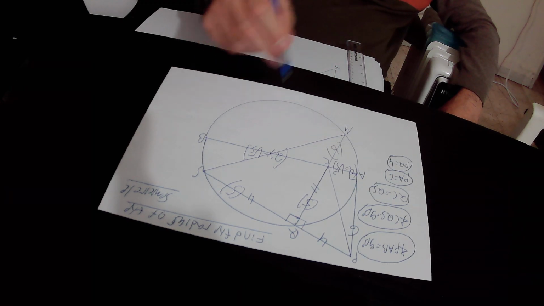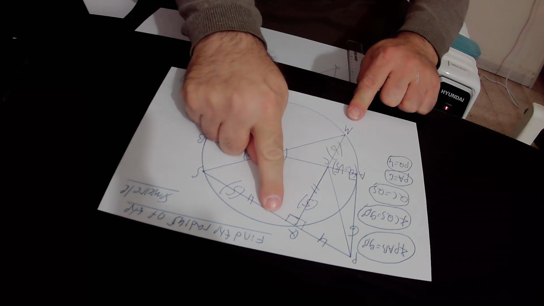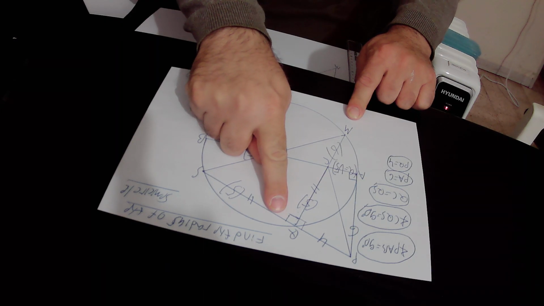Side QS equals 5 units in length. What is the length of QM? From the drawing it is very easy to see that QM equals QC plus CM. That is to say, QM equals QC, that is 5, plus CM, that is B. So in total QM equals 5 plus B.